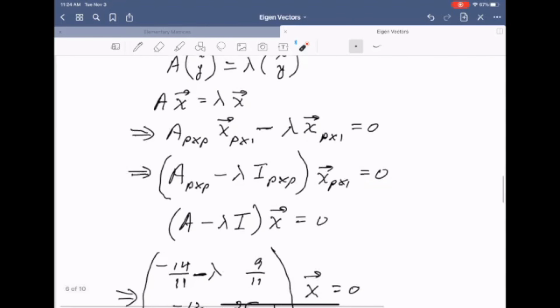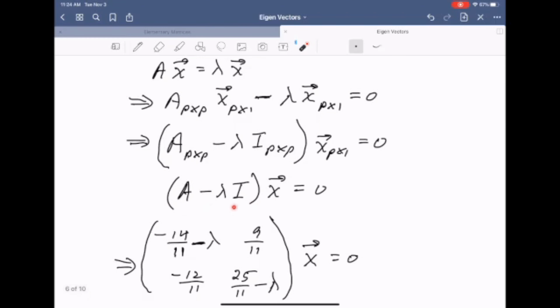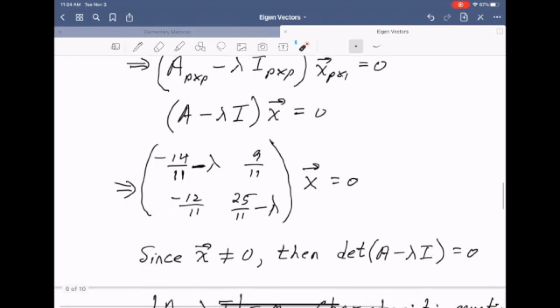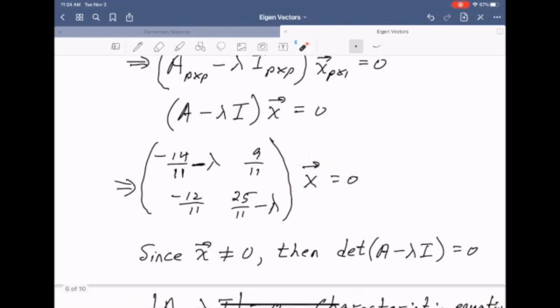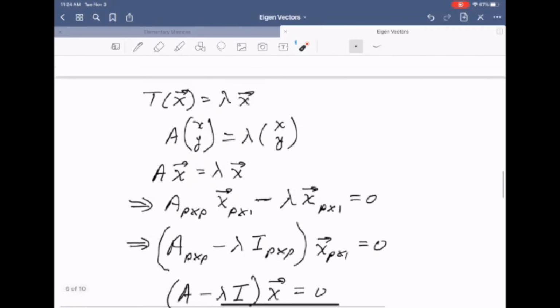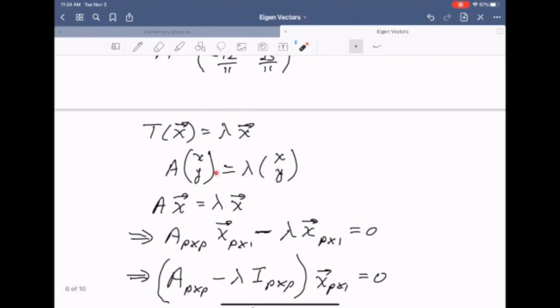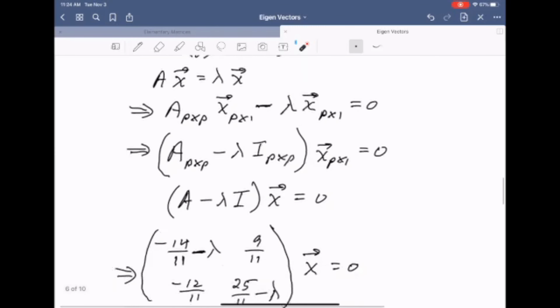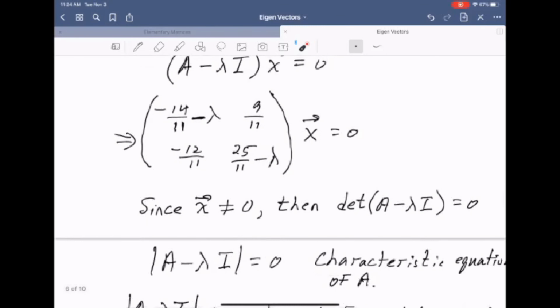All right, now when we have this result here, what we do know is that x is not equal to 0. Why do we know that? Well, to solve this equation, at least one of these two values has to be non-zero.